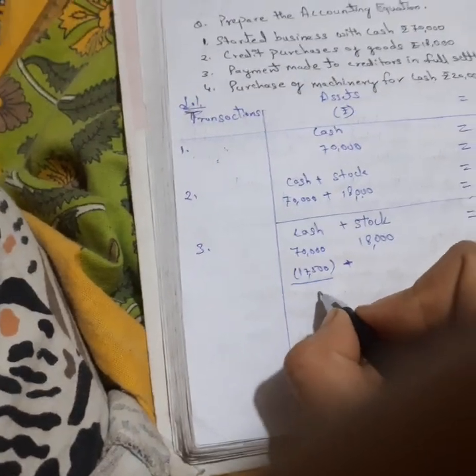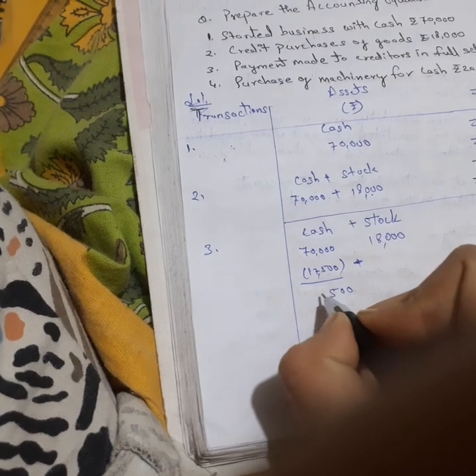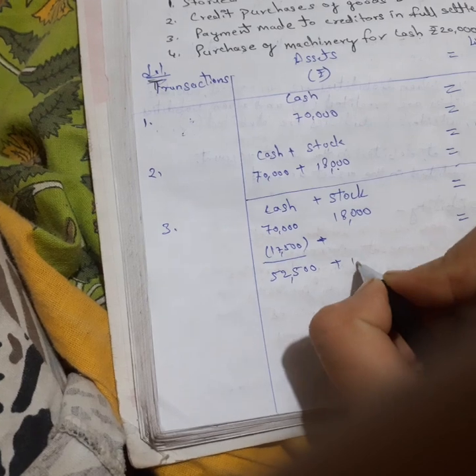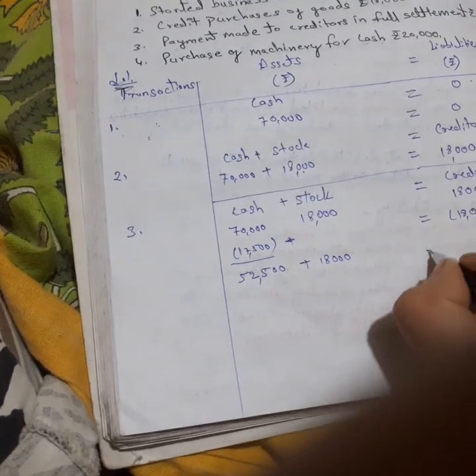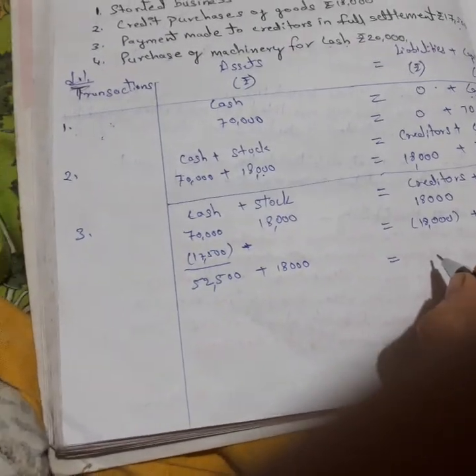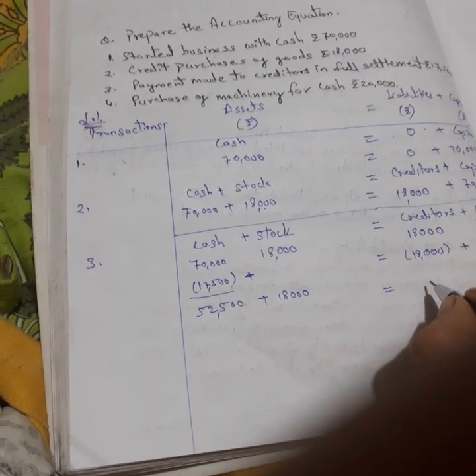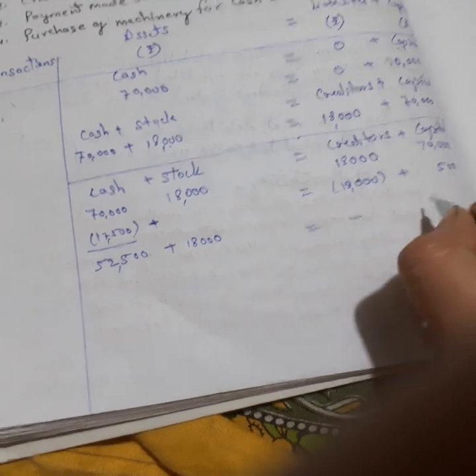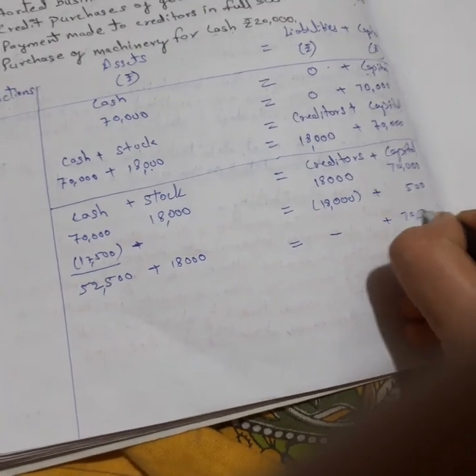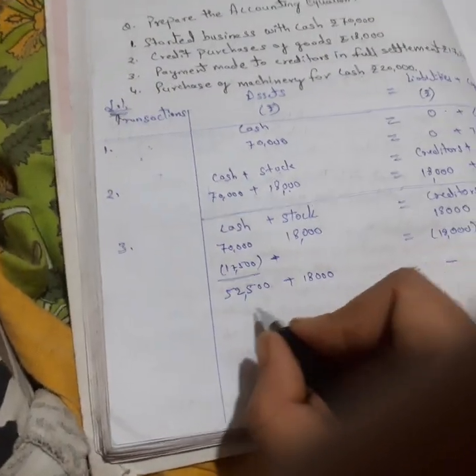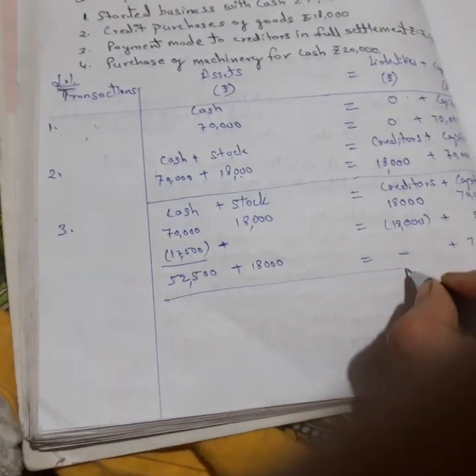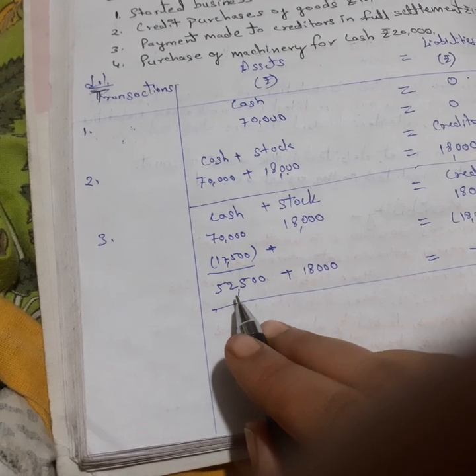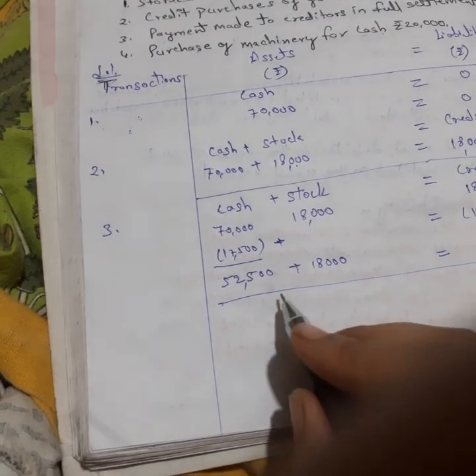So here my cash will be 52,500. My stock is 18,000. Creditors will get nil, plus 70,500. So this is again equivalent. I'll put one line. 52,500 plus 18,000 will give you 70,500.